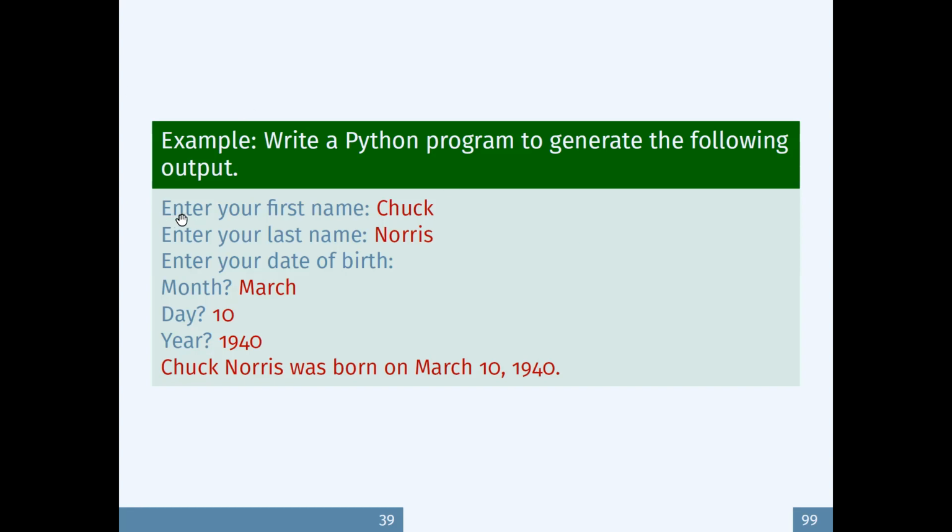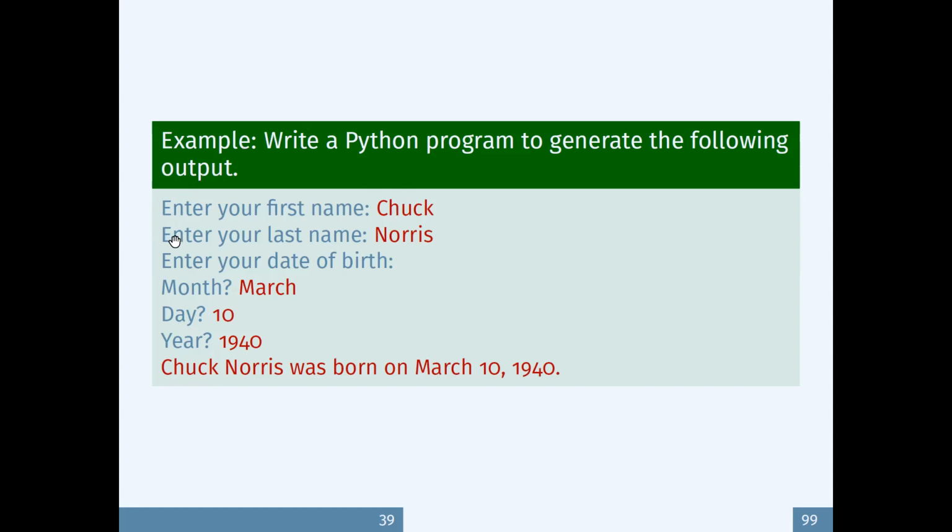What you see here in blue is the prompt, and the red is what the user inputs. For example, first your program should ask you to enter your first name, and then you enter your first name.